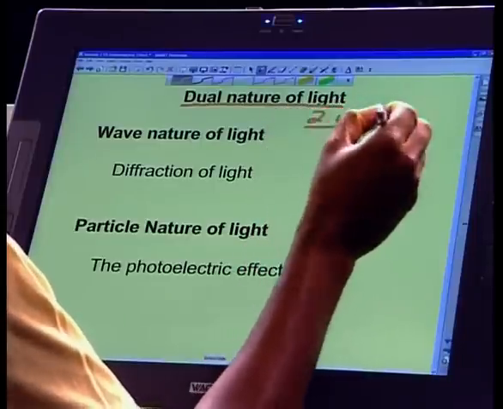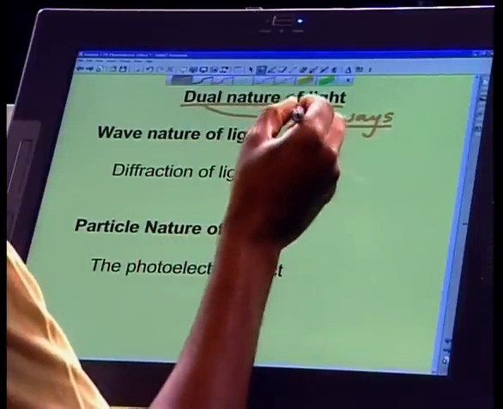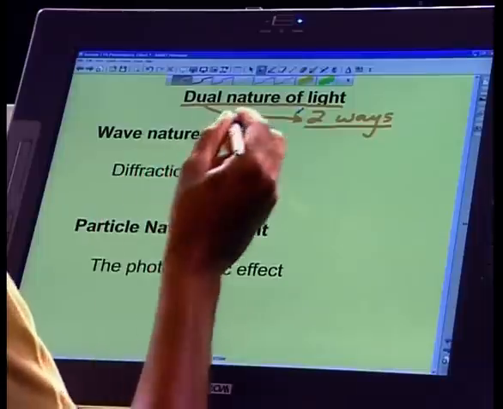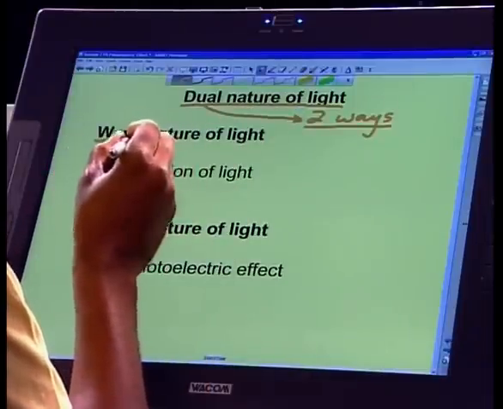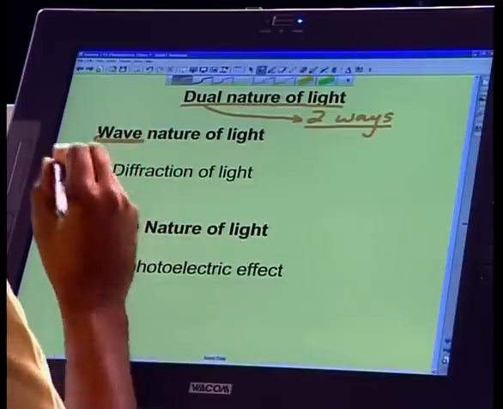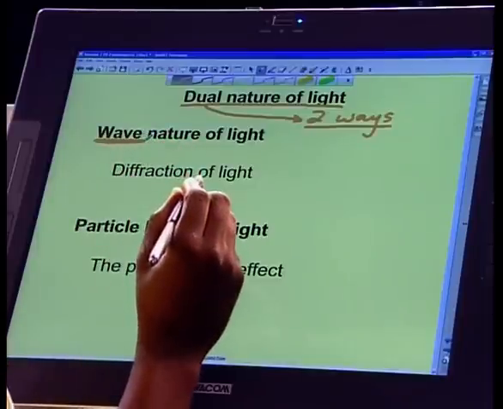These two ways, like I've said, are that we can say that light has a wave nature, or it can be explained using the wave phenomenon. That light actually is something that exists in the form of vibrations, okay, regular repetitive motion, that's a vibration.